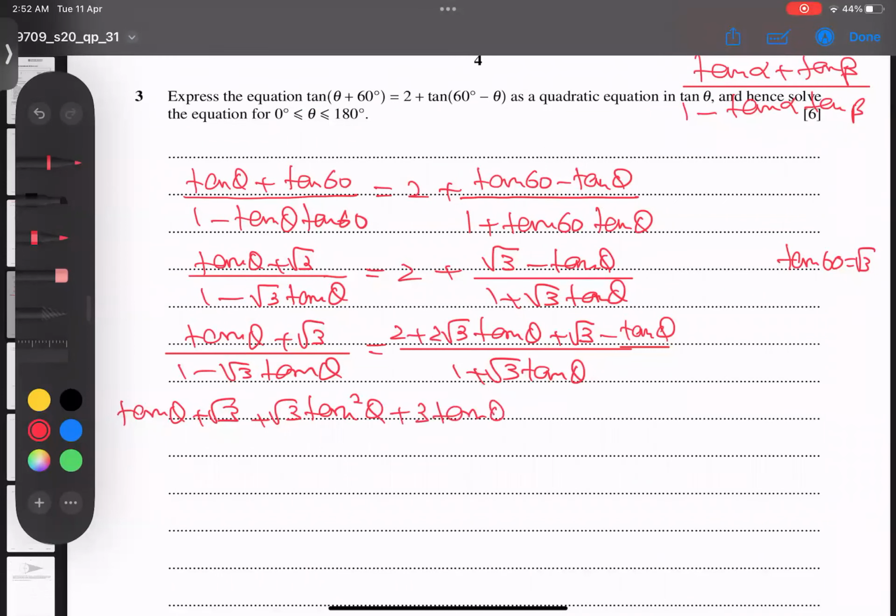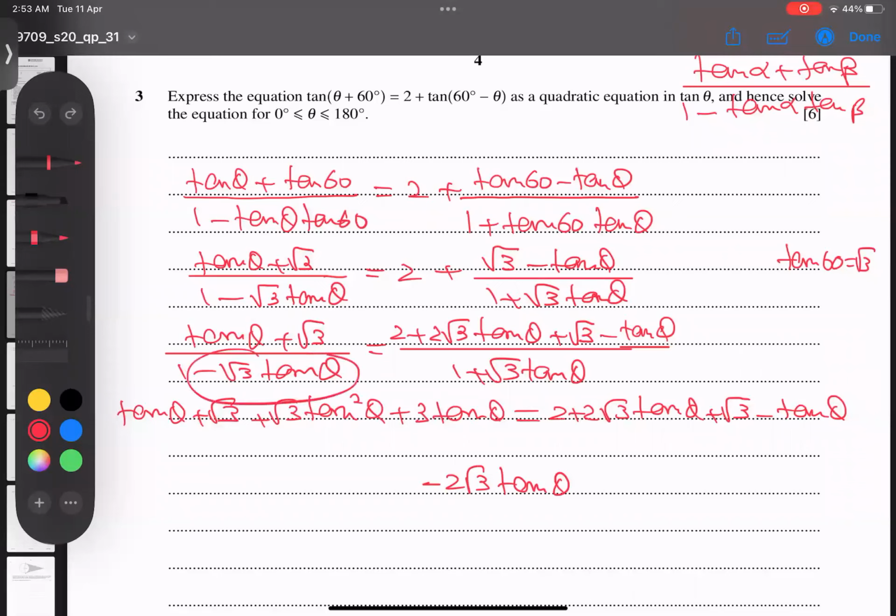Let's talk about this one multiplied with both. So I got 2 plus 2√3 tan theta plus √3 minus tan theta. But when multiplying this with the whole values, be careful. What am I going to get? Negative 2√3 tan theta, because this multiplies with that.